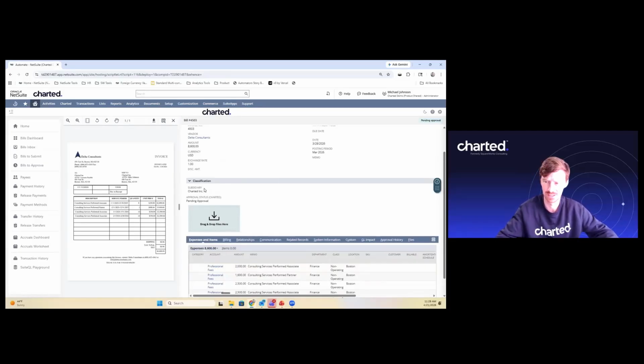But if it's in a different subsidiary for the finance department, it's this other approver right here, right? Those approval processes can get very complex very quickly. We have the ability to make sure that, by setting up an approval matrix, your approvals always route to the correct approver that they're meant to route to.